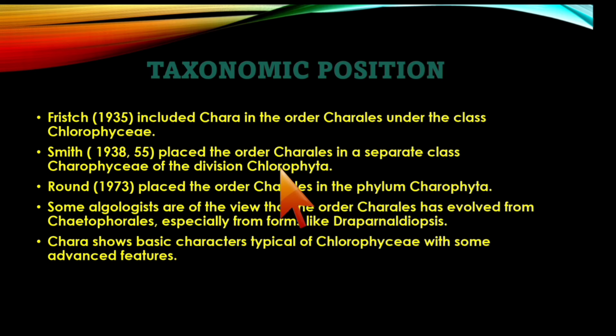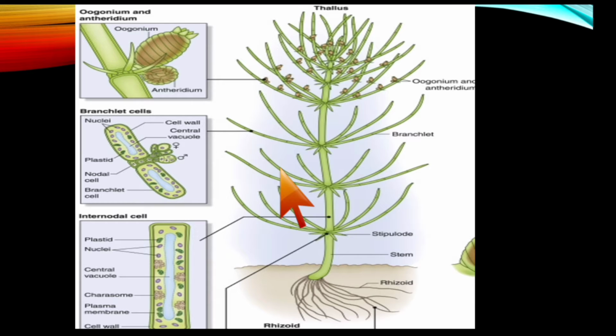However, there is a marked advance in the organization of the vegetative structure of Chara. There is a marked advance as compared to other green algae, that is Chlorophyceae. So there is a marked advance in vegetative organization.